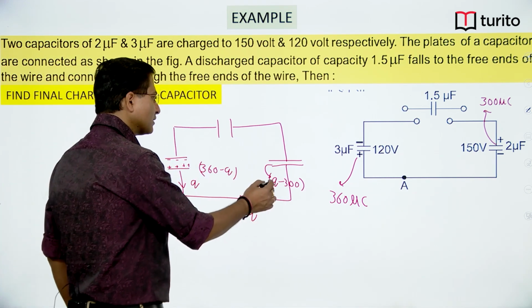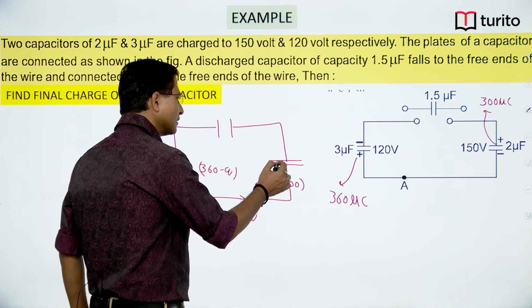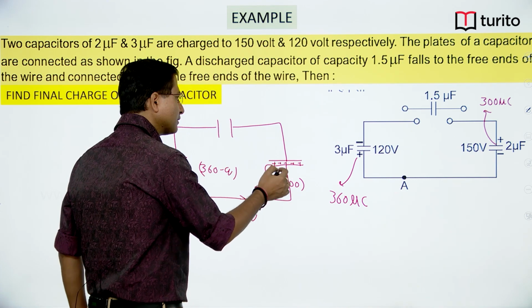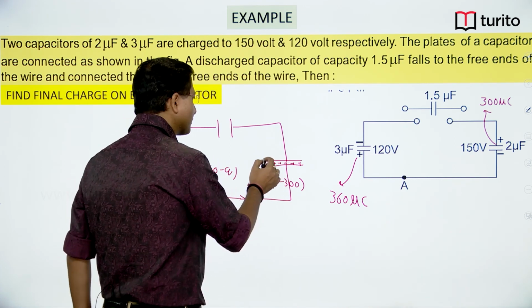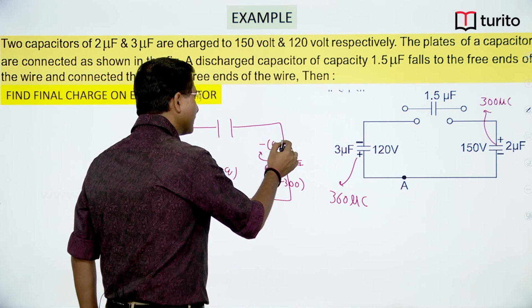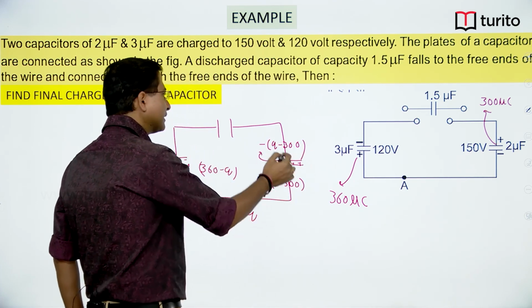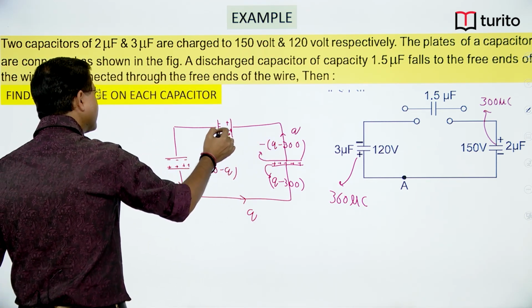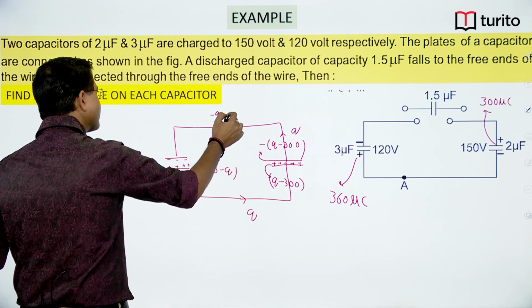I will assume this positive, because if this is greater than this one, this plate will be positive and the upper plate will be negative. This plate will be minus of Q minus 300. Whatever it gets, it will give, that will appear here in front of that, minus Q, this is plus Q.